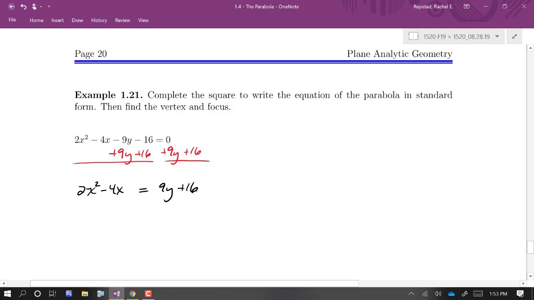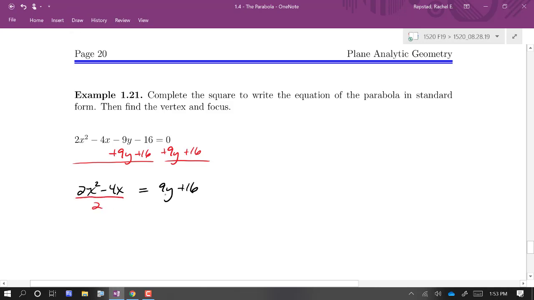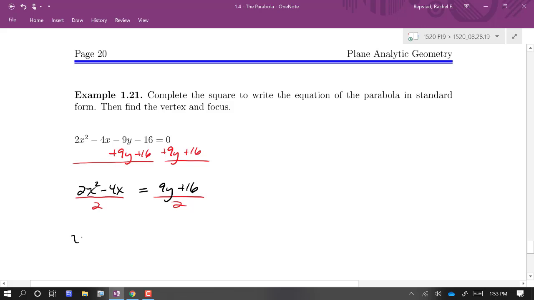Now we like to complete the square on x squared, not on 2x squared or negative x squared. So let's divide both sides by 2. Then we have 9 halves y plus 8.